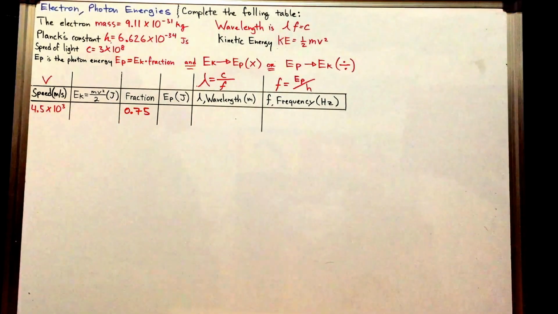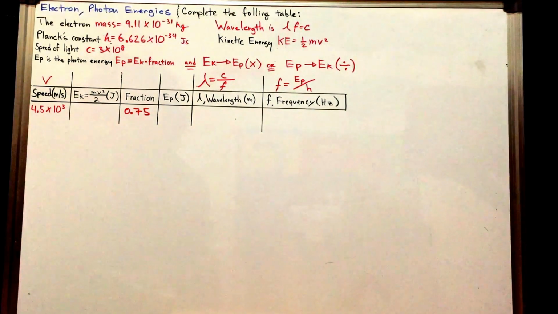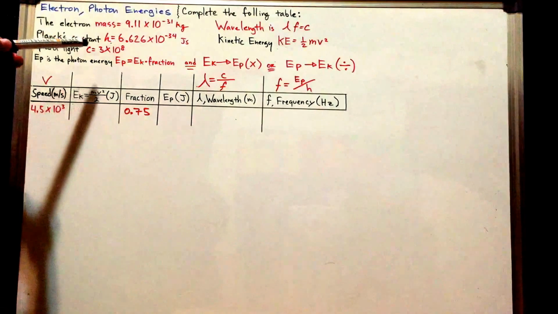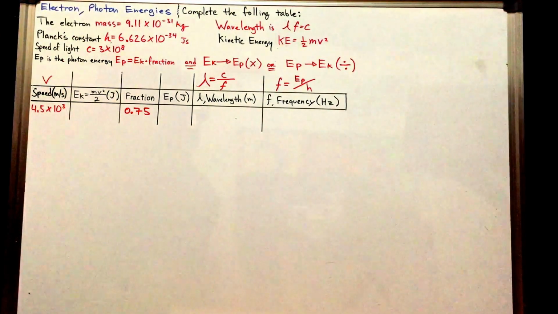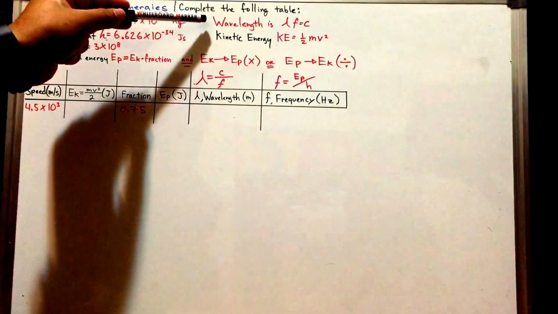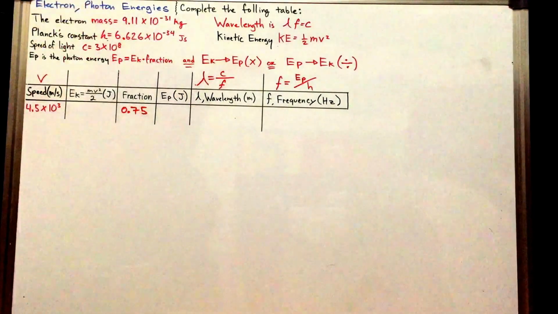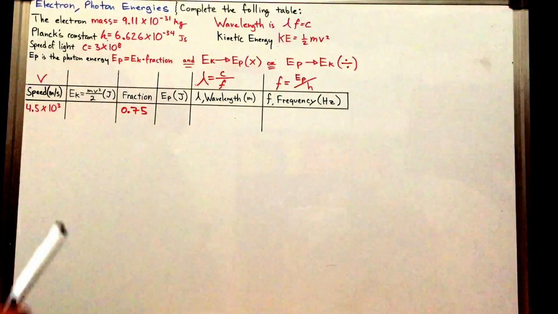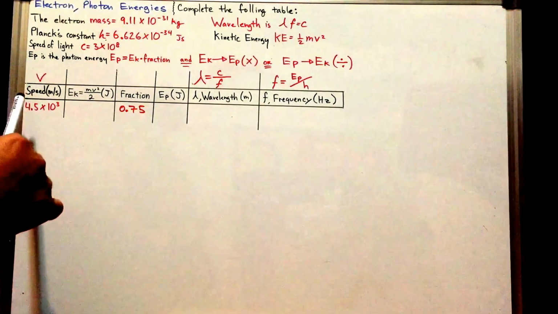There are also a few different formulas given to us, which I've written down here as well: Planck's constant, the speed of light, the wavelength, kinetic energy. Now, this is the actual problem that's written in black.